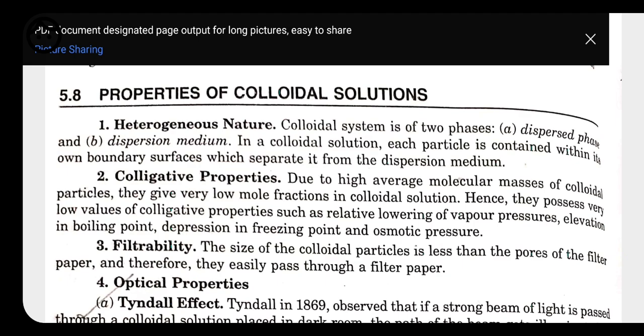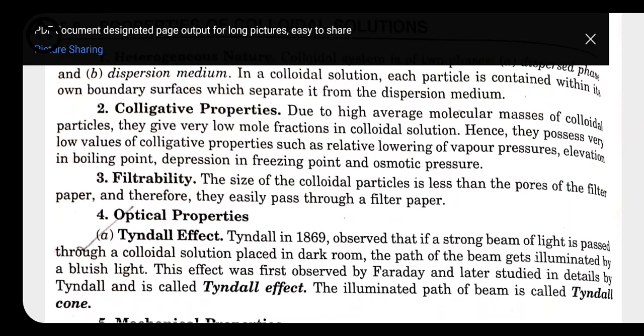Okay, next property is the optical property, that is the Tyndall effect. Again, we need to know the meaning of the Tyndall effect. When we keep this colloidal solution in a dark room and let light pass through it, because of the bigger size, the size of the colloidal particle being between 1 nanometer and 100 nanometer, these particles have the tendency to scatter the beam of light, and this light can be seen.